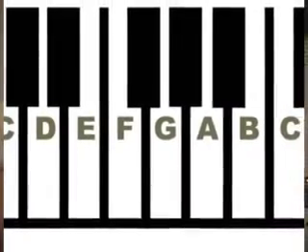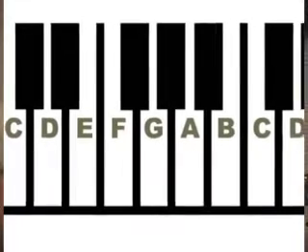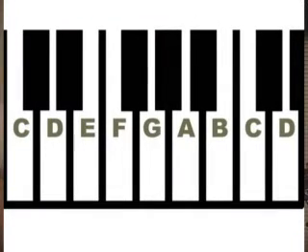F and G, there's a black key. G and A, there's a black key. A and B, there's a black key. B and C, there is none. The distance between two keys is a half step. If you are looking at a guitar, for your information, the distance between one fret and another is a half step.